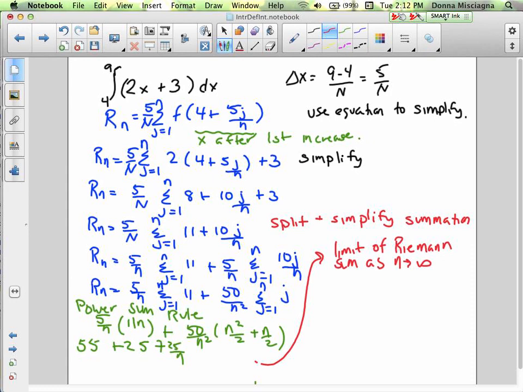So that would be the limit as n goes to infinity of 80 plus 25 over n. Of course, we know that the limit of a constant is just that constant, no matter what n is going to. And the limit of any constant over n as n goes to infinity is going to be 0. So this is 80 plus 0. 80 is the exact area under the curve.